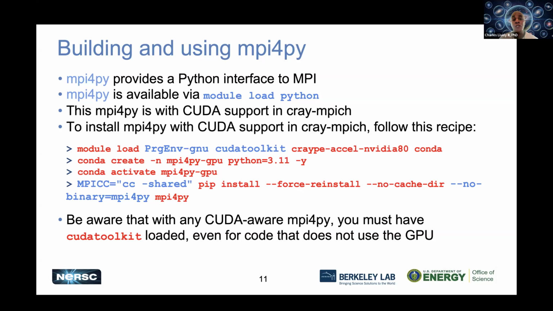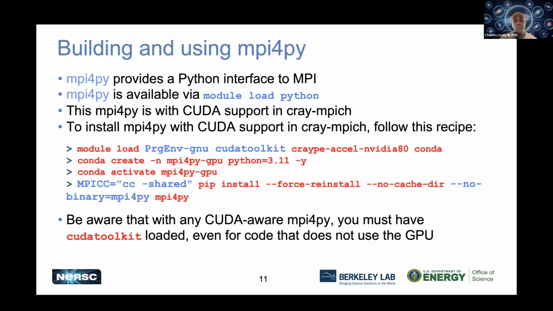And again, if you want to install it within your custom environment, this simple example gives you an overview. You'll want to do a module load of the specific environment, and then whatever packages as well. So programming environment, GNU, CUDA toolkit, various other Cray modules that are loaded.